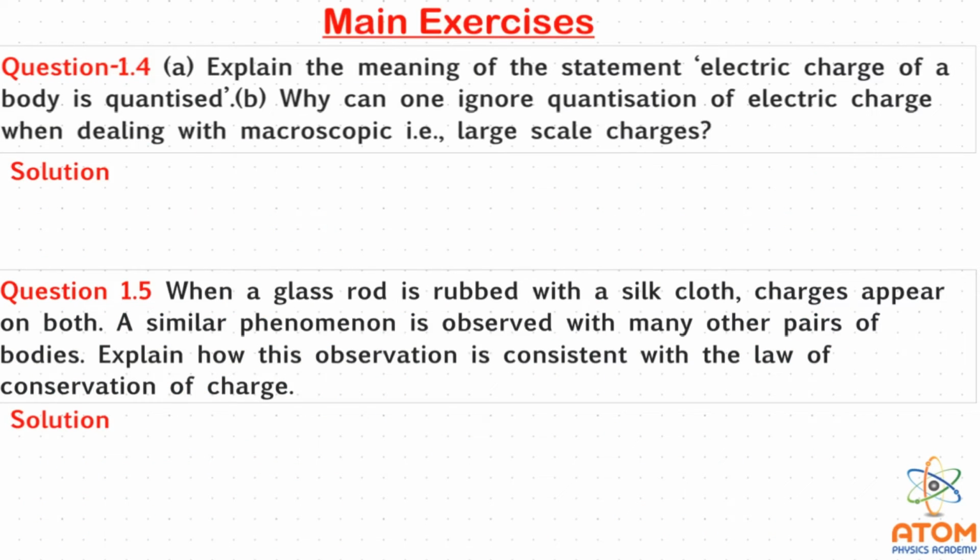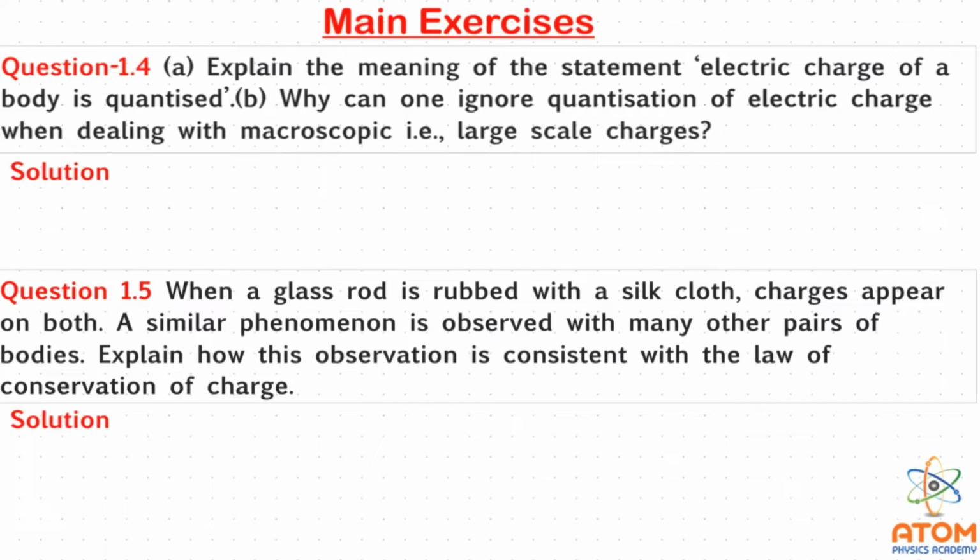Now let us see question 1.4. A. Explain the meaning of the statement electric charge of a body is quantized. And B. Why one can ignore quantization of electric charge when dealing with macroscopic, that means large scale charges.